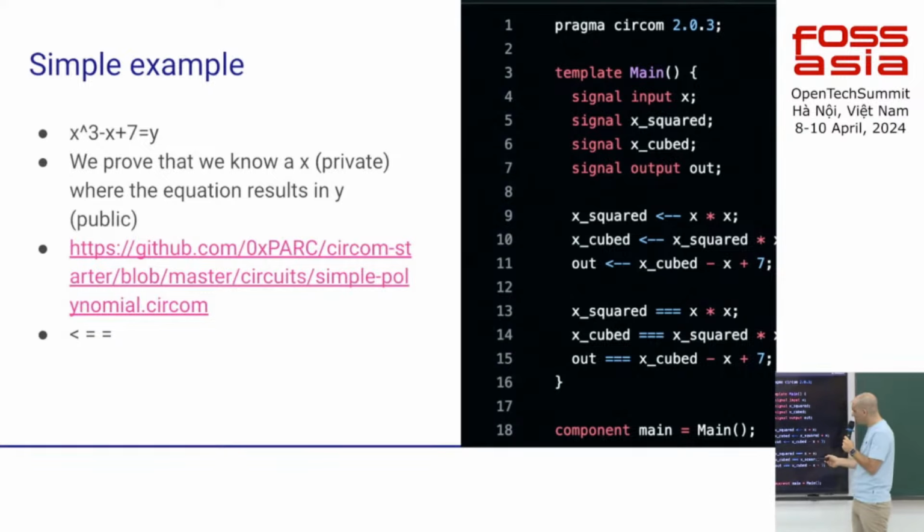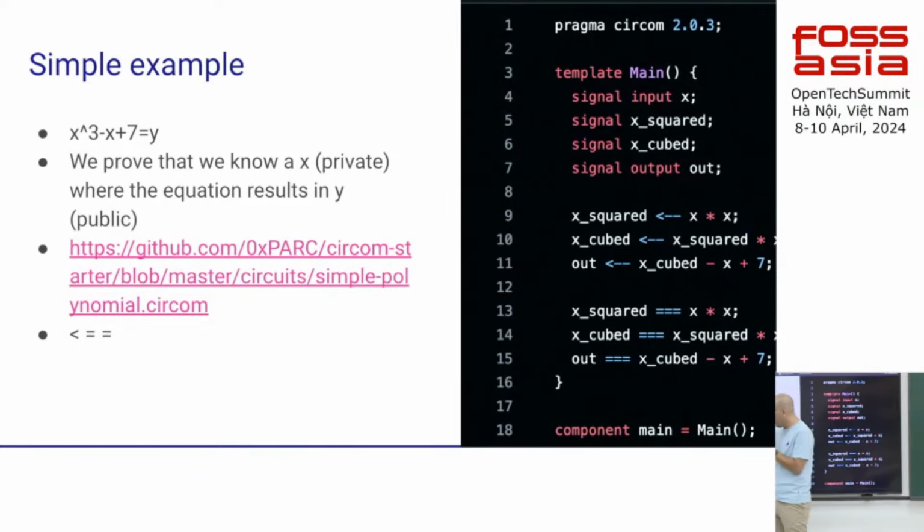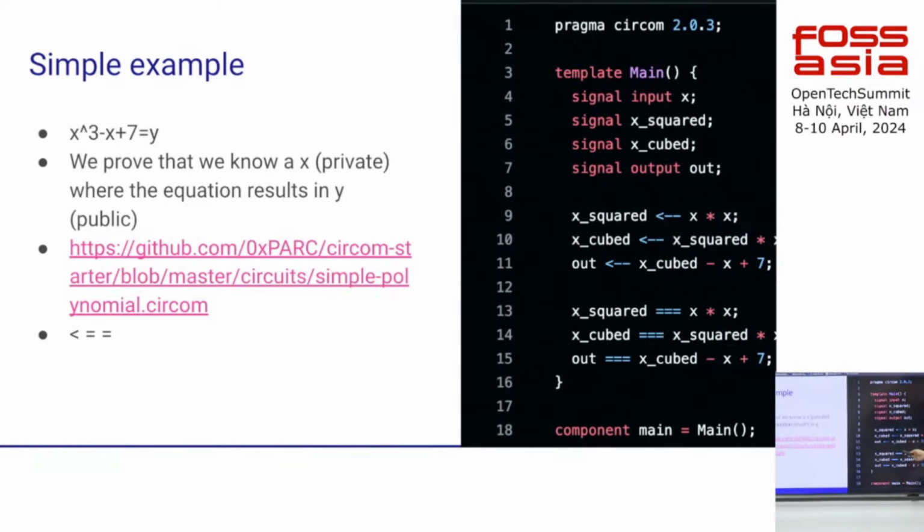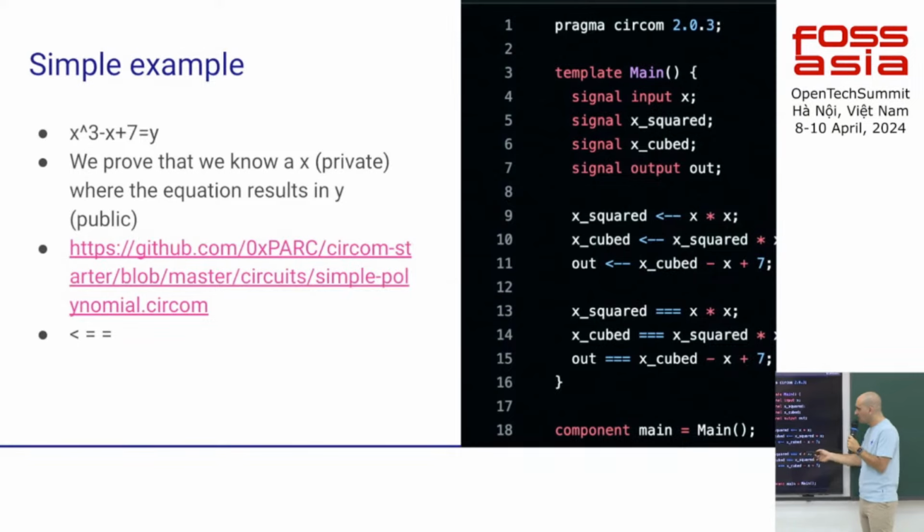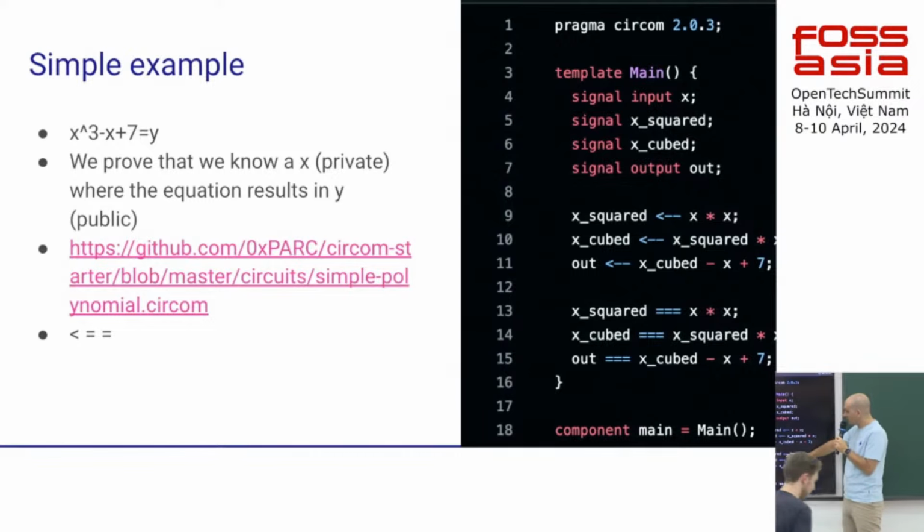These three equals define the circuit, the possible values that are valid witnesses. In the simplest cases, sometimes they are the same, and there is an operator in Circom, the double arrow, that does both things at once. But I think it's clearer to show that there are two different things. This defines which witnesses are valid, and this is one way of generating the witnesses.